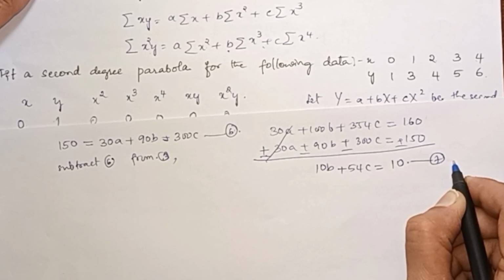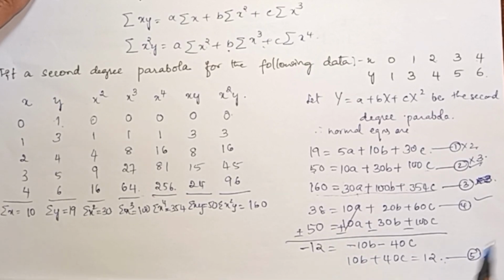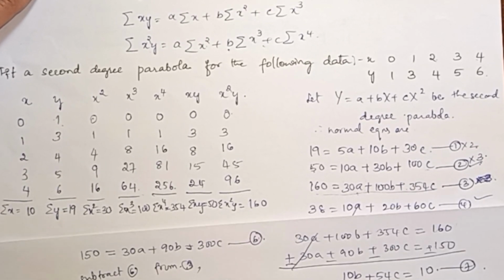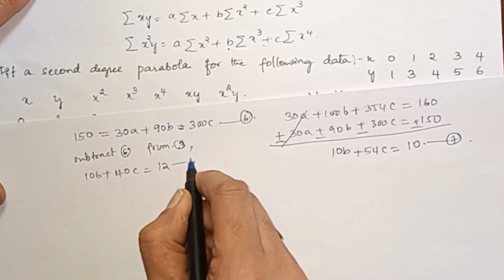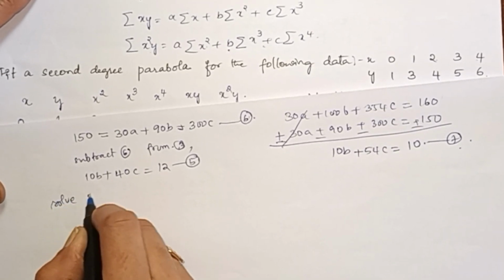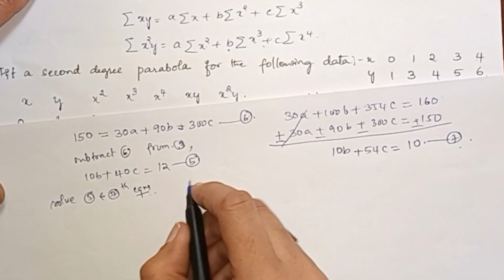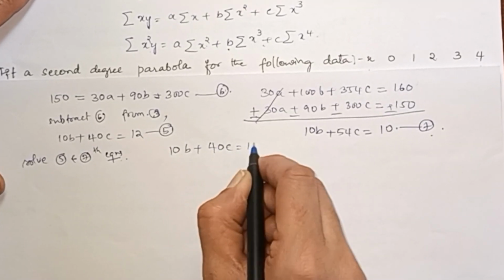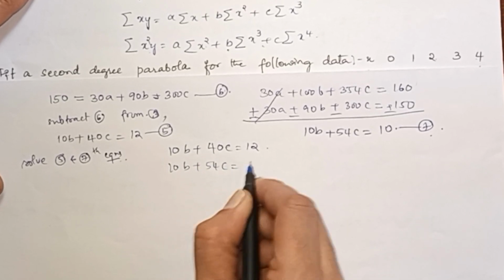Now we have to solve these two variable equations. Here we have the fifth equation, 10b plus 40c equal to 12, and the seventh equation, 10b plus 54c equal to 10.